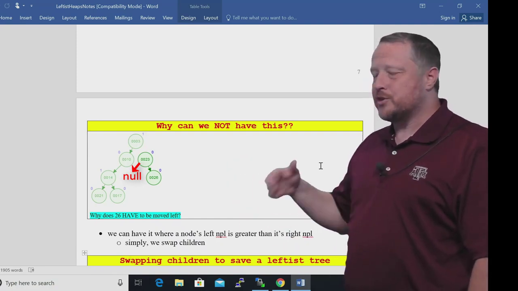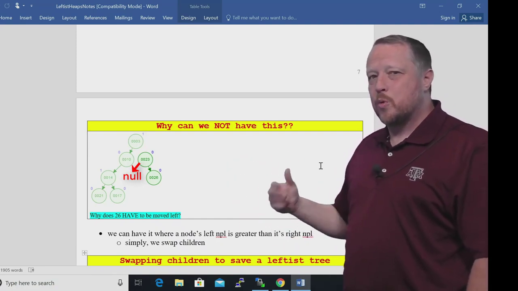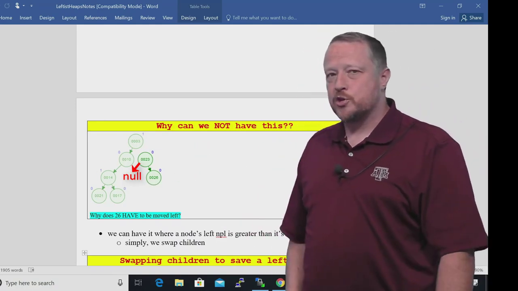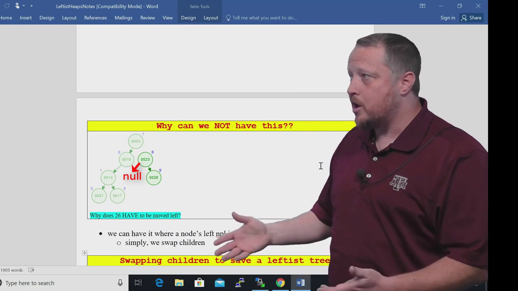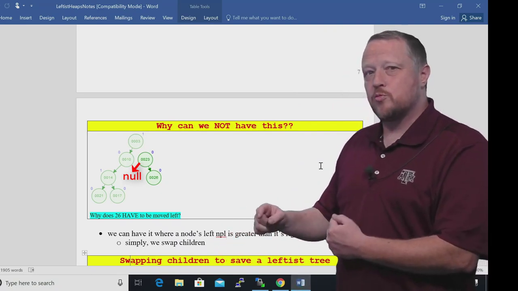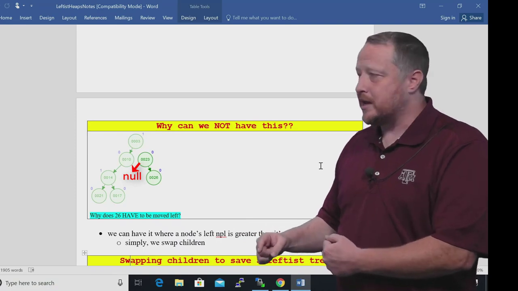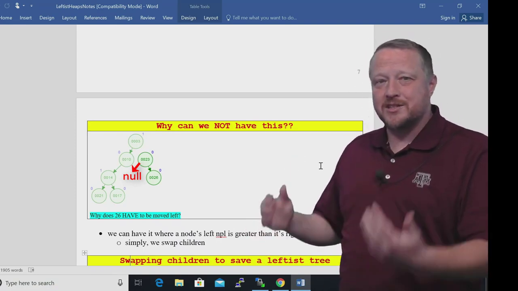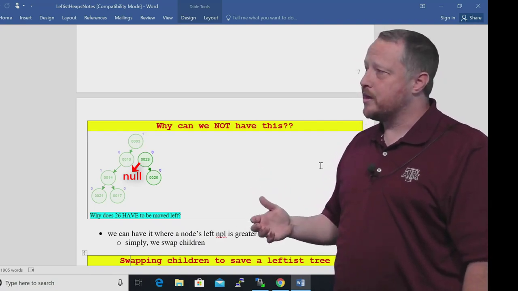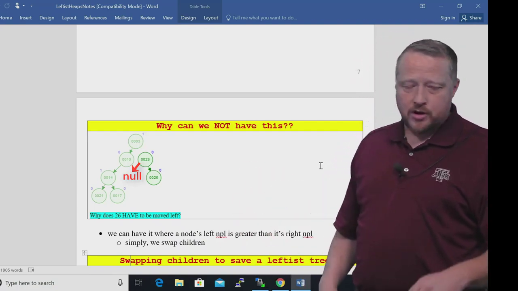So in reality, just like I've shown you before, we're going to swap the kids. It's going to look like 26 just gets pushed over, but in reality, there's a null in that leftmost side, and the kids get swapped. It may not look like it, but in reality, there is consistency of pushing that left. All it is actually doing is a swap with a null. So I wanted to make sure you understand that.